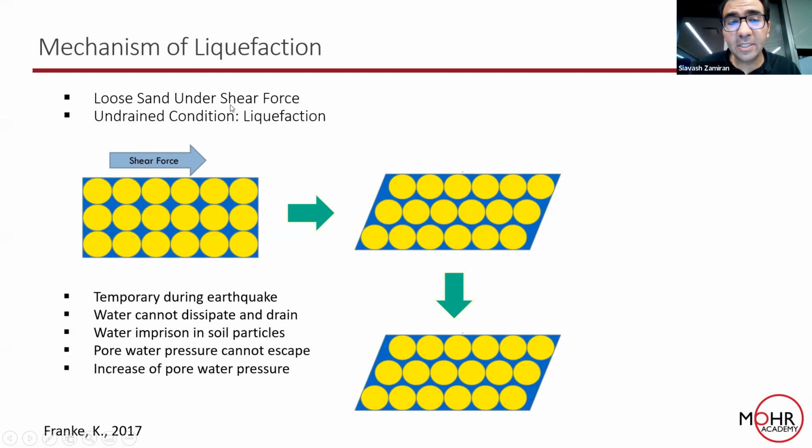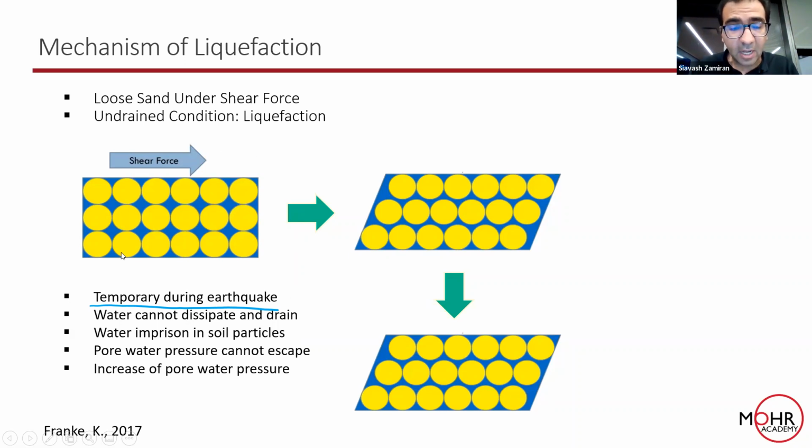Because the cyclic shear force is applied in a very small amount of time, in just 1/10 of a second or lower, the water will not have enough time to dissipate from the soil particles. Therefore, an undrained condition will happen for a very short, temporary time during the earthquake event.